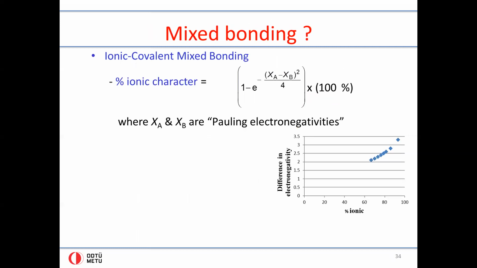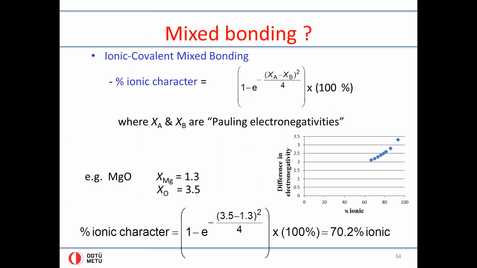So then, I won't go into the detail of this, but if you want to get even further confused, real materials in real life, depending on what atoms they're made of, for example magnesium oxide that we had said was an example of an ionic material, because of the positions of magnesium and oxygen on the periodic table, and using an equation that's not included in this course that takes into account their electronegativities, can be said to be 70% ionic and 30% covalent.